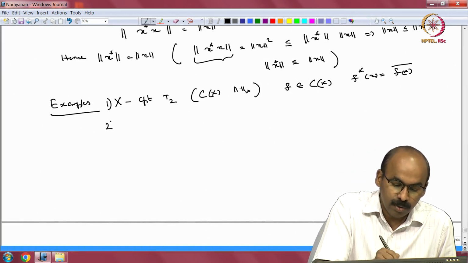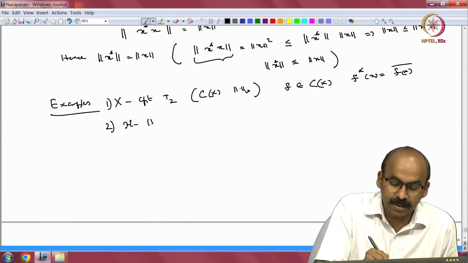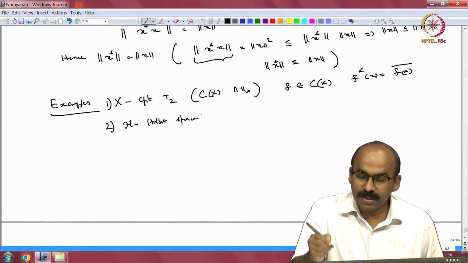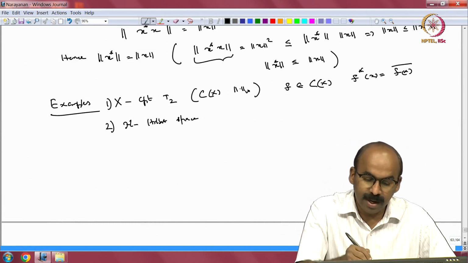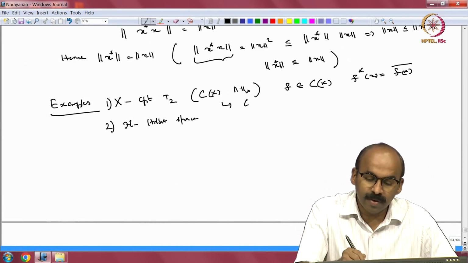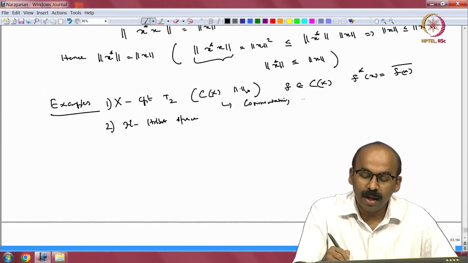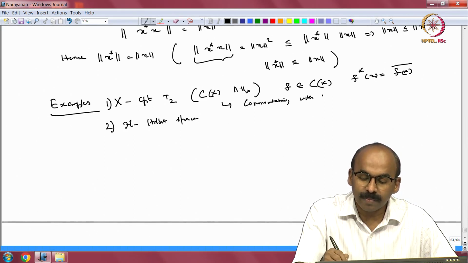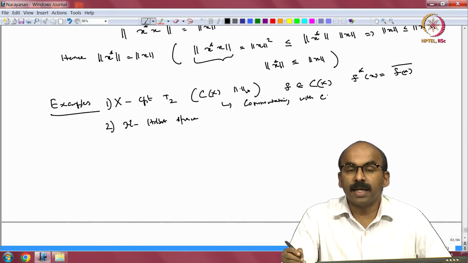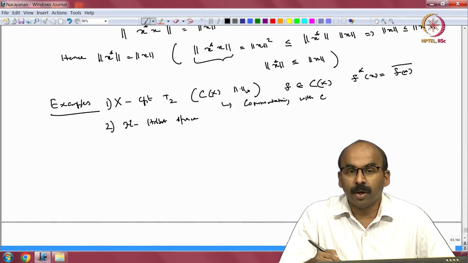Example 2: H is a Hilbert space. Okay. So, the first example C of X is very nice, this is commutative and with identity, right. So, the constant function 1 is the identity there. The next one is going to be non-commutative.